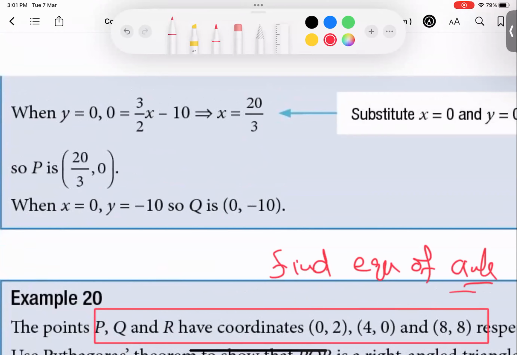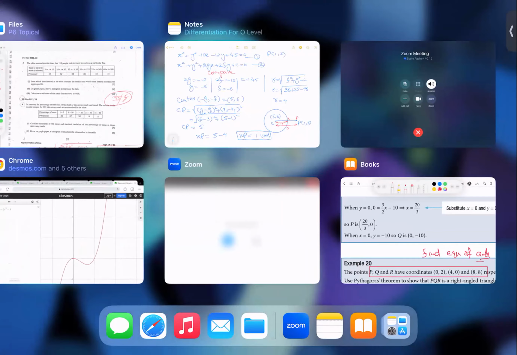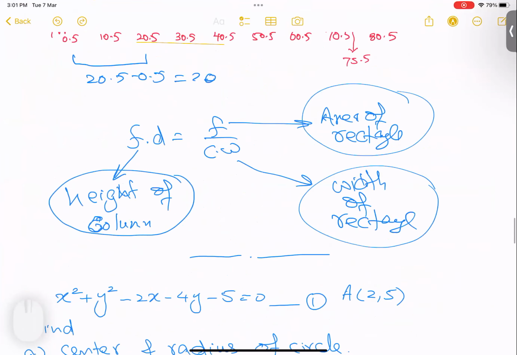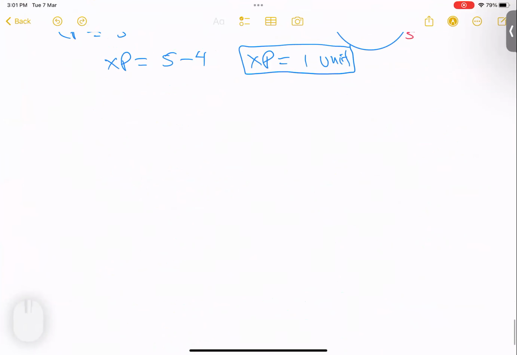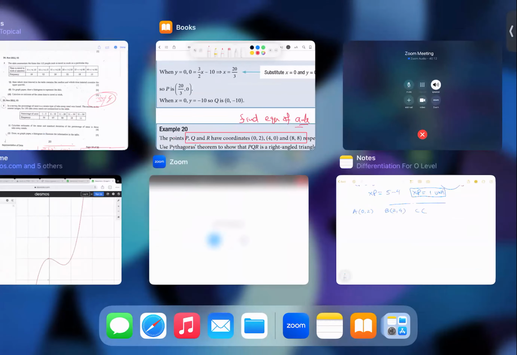The points are (0, 2) and (2, 4). So let me write it: A is (0, 2), B is (2, 4). And the third point we have also mentioned here, and that is (8, 8).